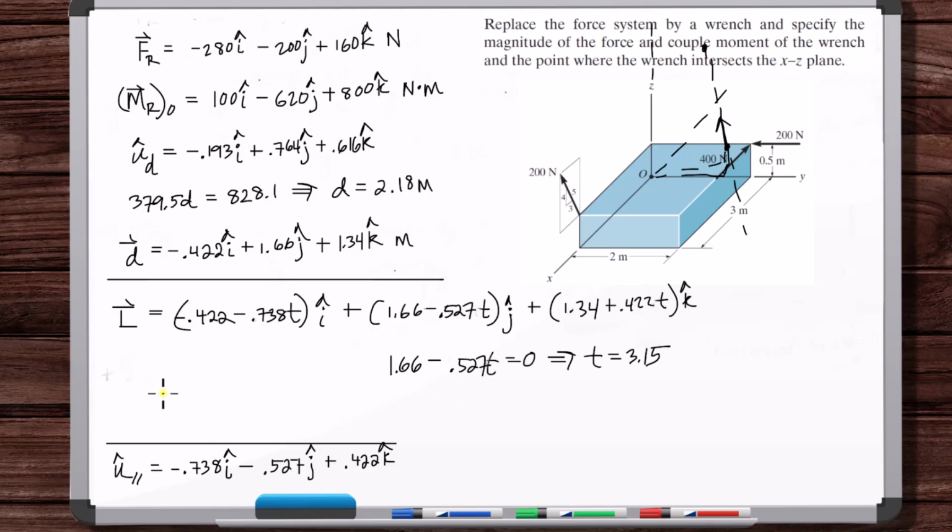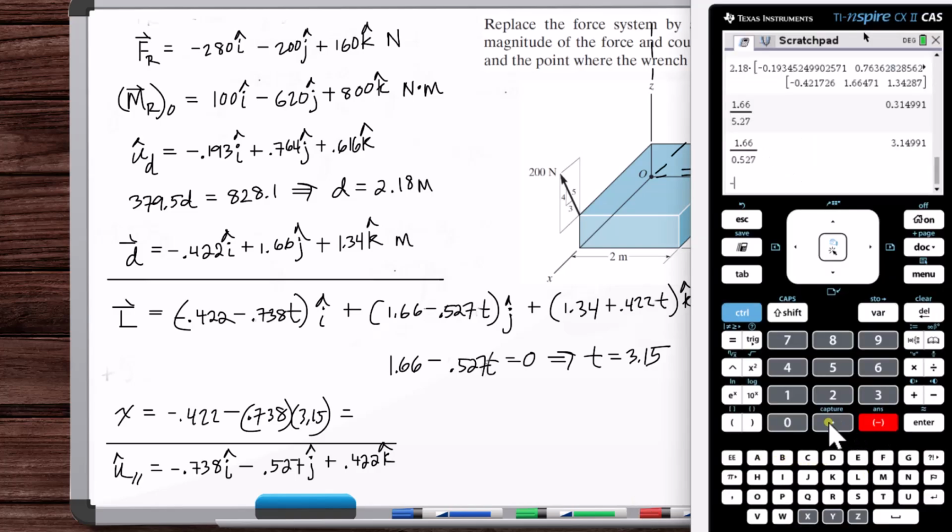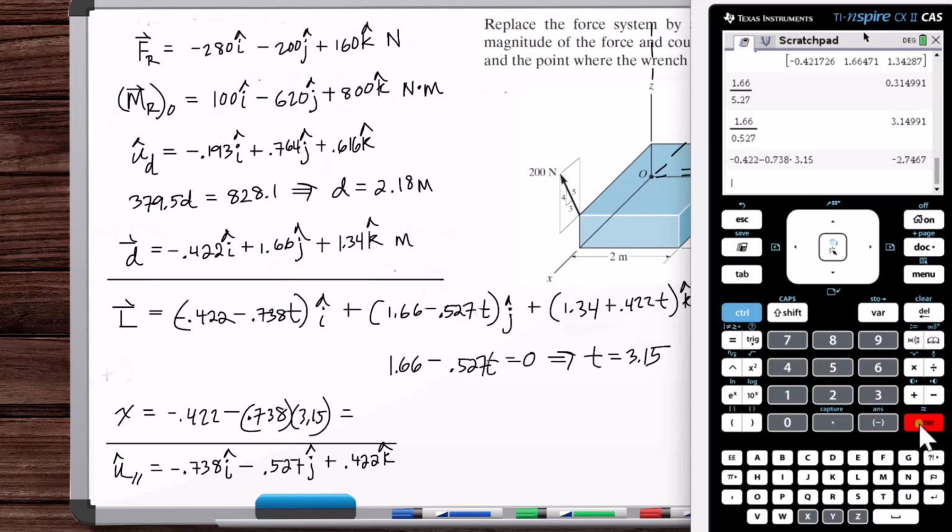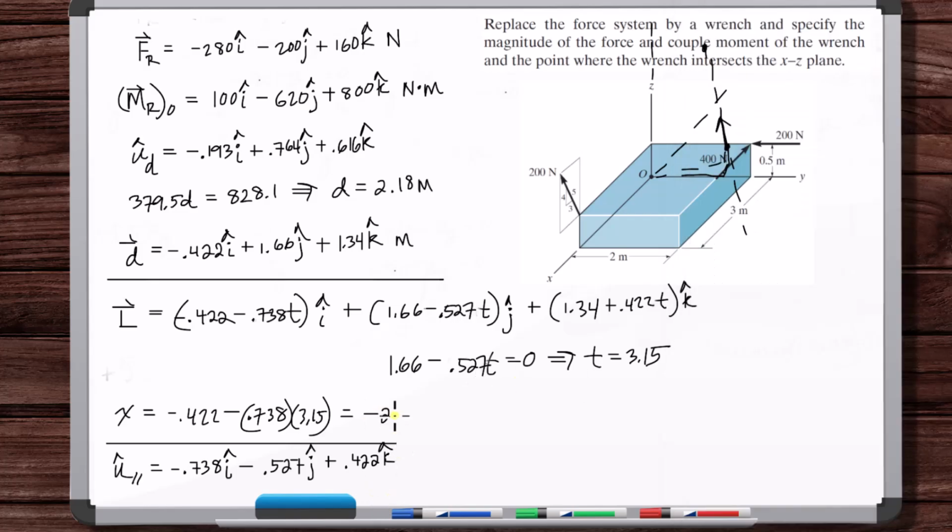So, all right, x is equal to minus 0.422 minus 0.738 times 3.15. Okay, minus 2.75.